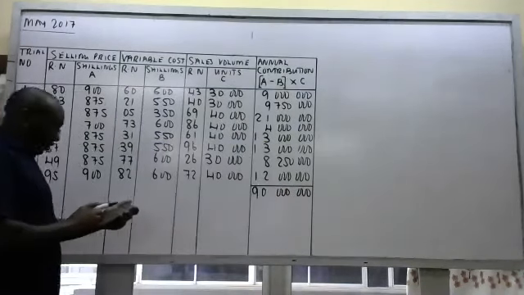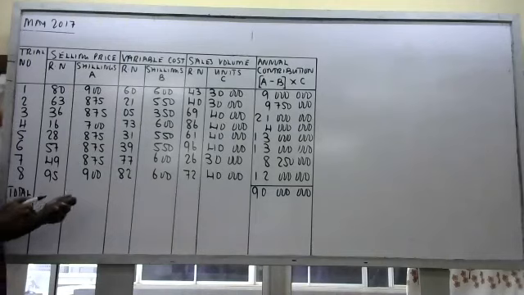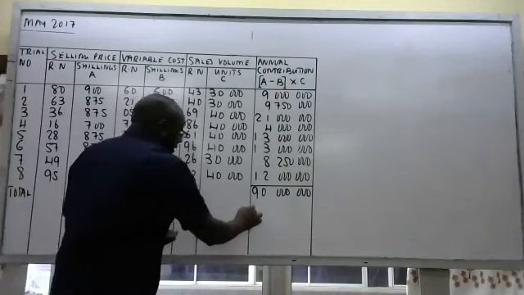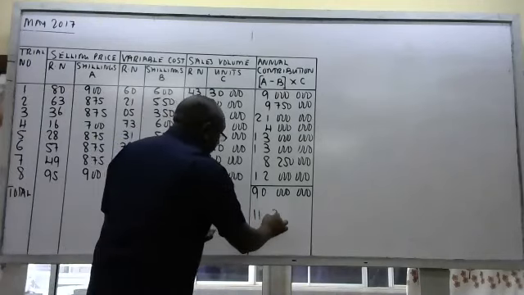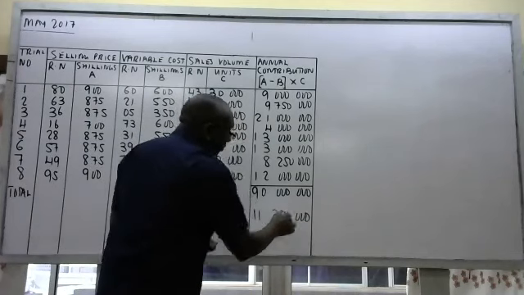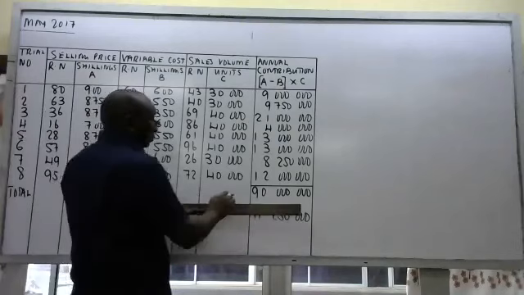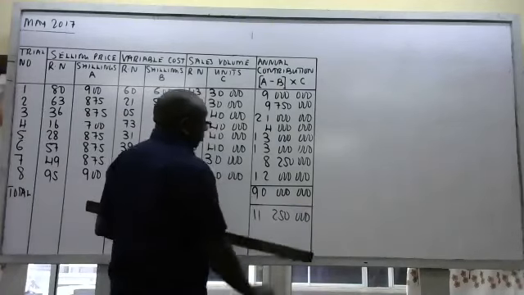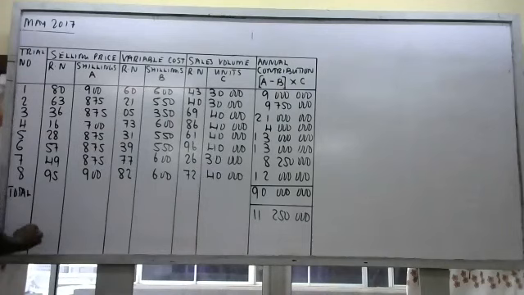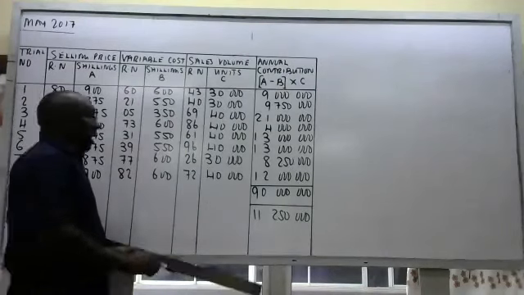Then average, you divide by 8 is 11,250,000. So the average is that.